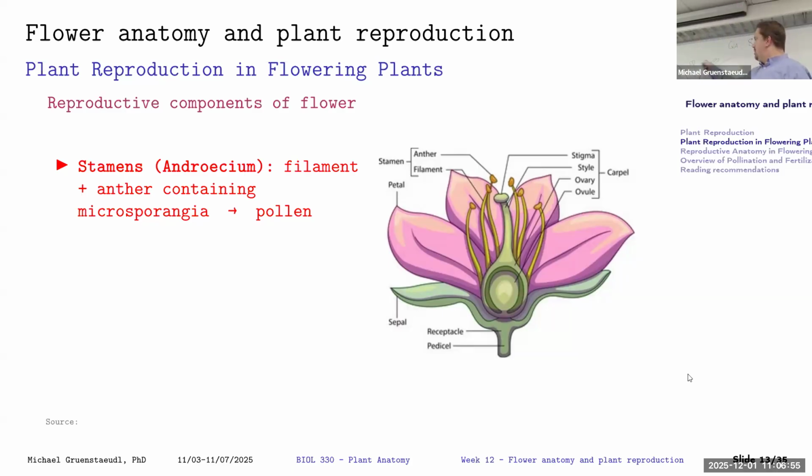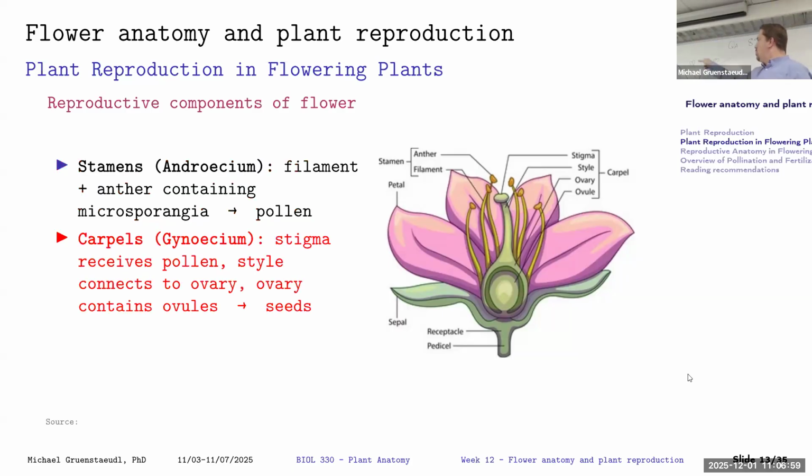Vice versa, with the carpel, here this would be one central carpel, but it could be multiple fused carpels. The terminology would be the same. The top of the carpel, where the actual pollen arrives, is called the stigma. Then the long tube, where the pollen tube has to grow down, is called the style. And the bottom part, where the ovules are located, is the ovary.